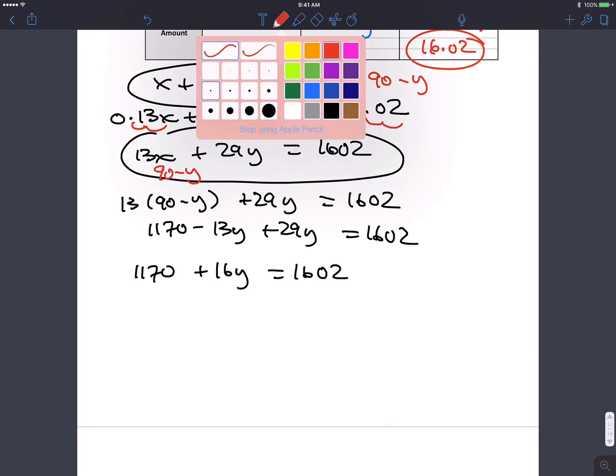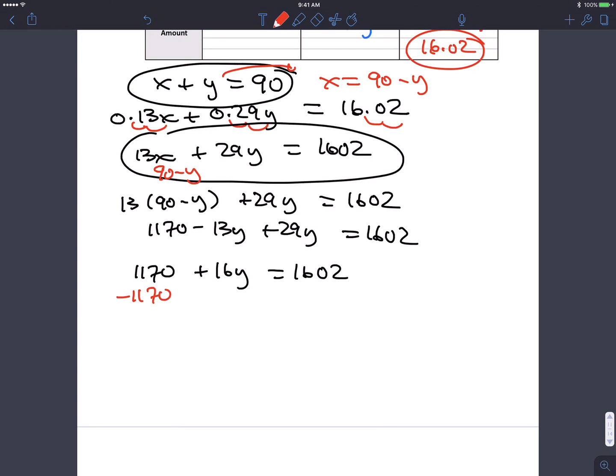Subtract now your 1170 from both sides. I get 16y to be 1602 minus 1170, 432.